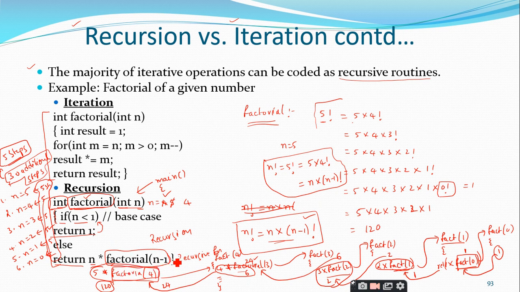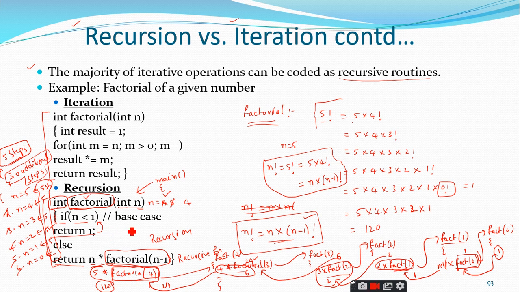This is another function call, and like that it goes until n is equal to 0. Now you can see here, if n less than 1, the condition is terminated, or the recursion has been stopped. Therefore, I told you that there exist two different cases in any recursive function.